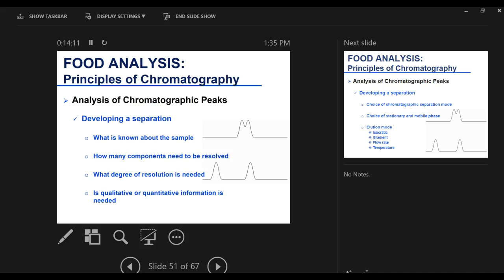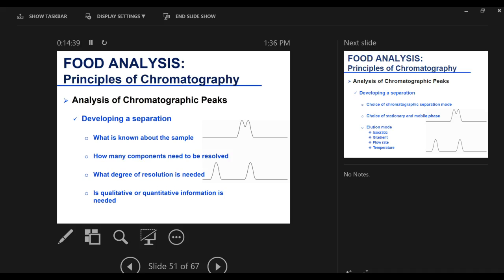In this case, if they're not separated, but we can see that there are 2 peaks, and I have a detector that allows me to identify this peak from this peak without being separated, I don't need to quantitate. So if I don't need to quantitate, and I have a detector that allows me to tell the difference between this and this and identify, then that's okay, I'm satisfied. I don't need to spend more time separating these 2 peaks.